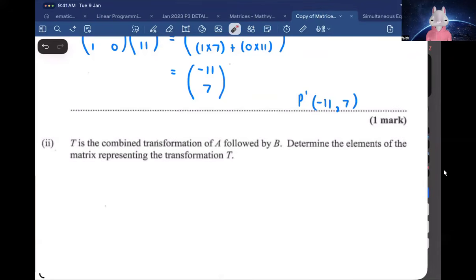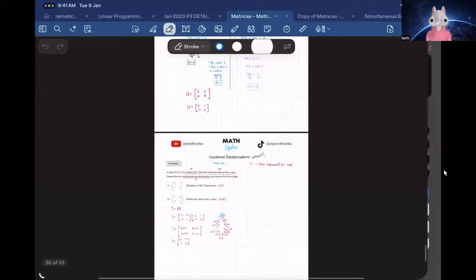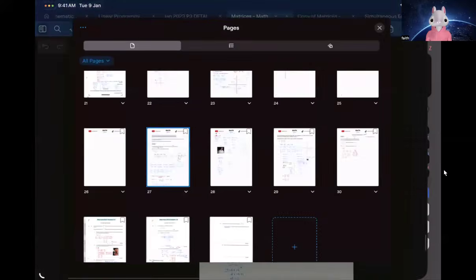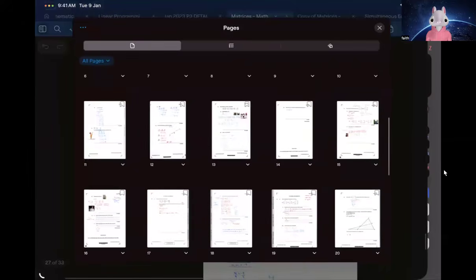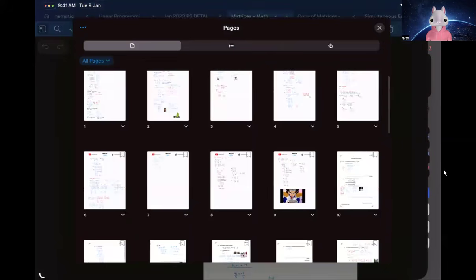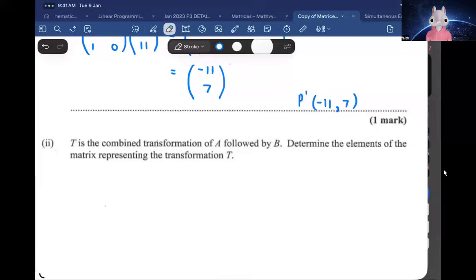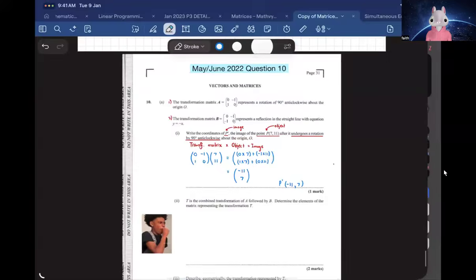Right, so let's go back to the notes. In the notes, I said it'll be the second by the first, the second by the first. That's what you said to get the combined transformation. Exactly, remember guys, I told you all the second by the first.